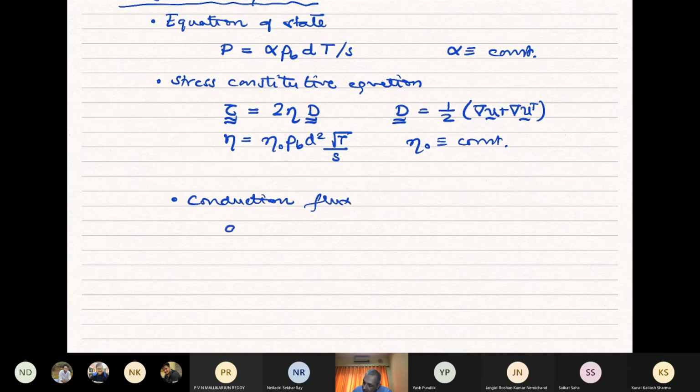And here also we assume that it is just k times gradient of T, where k is the thermal conductivity, and so this is like Fourier's law. But of course, k is equal to k0 into rho b d squared root of T by S, where again now k0 is a dimensionless constant.